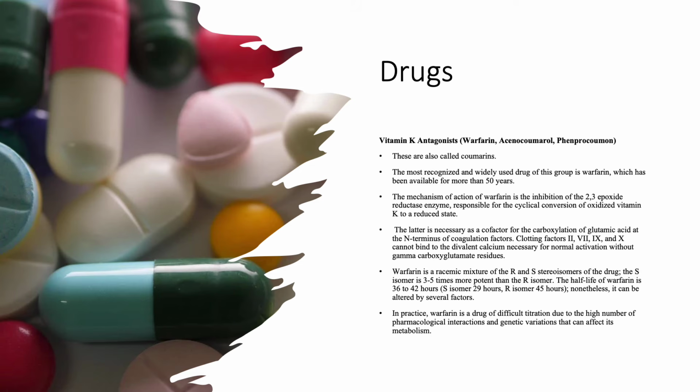Warfarin is a racemic mixture of R and S stereoisomers of the drug, and the S isomer is 3 to 5 times more potent than the R isomer. The half-life of warfarin is 36 to 42 hours. S isomer is 29 hours, R isomer is 45 hours. Nonetheless, it can be altered by several factors.